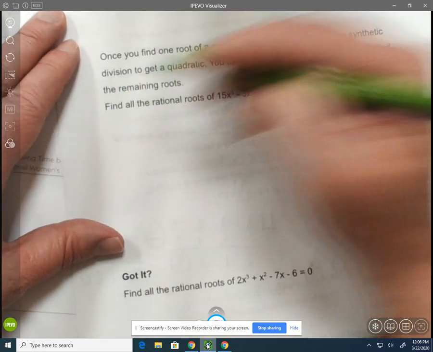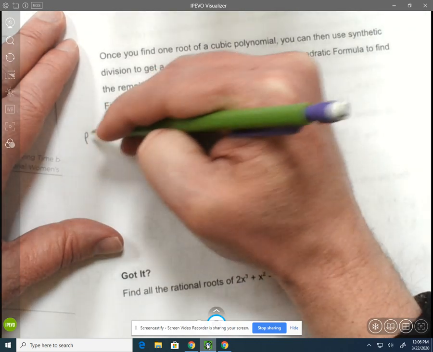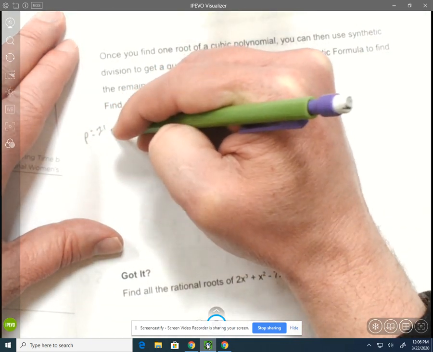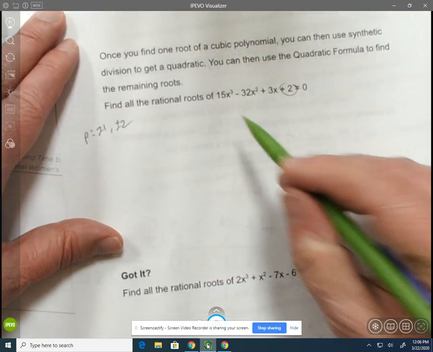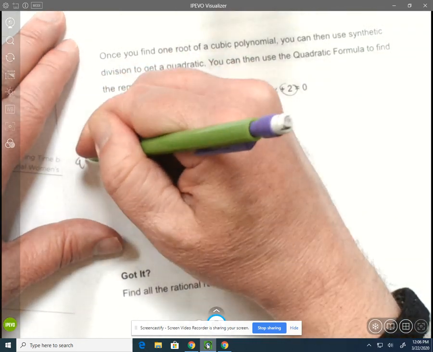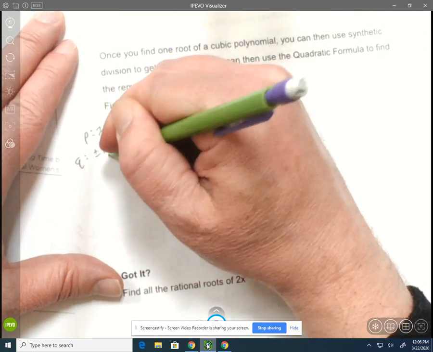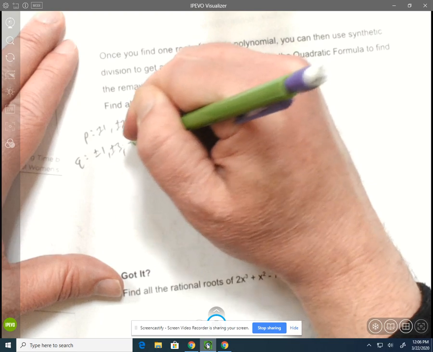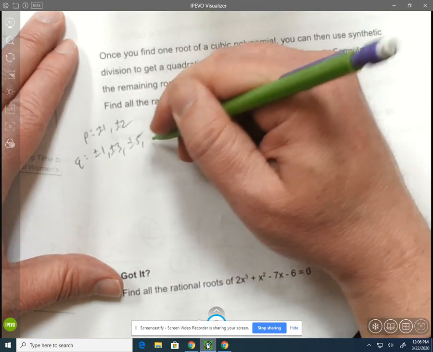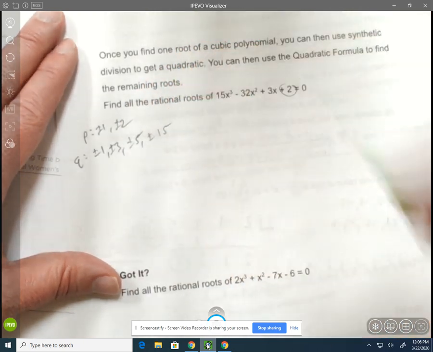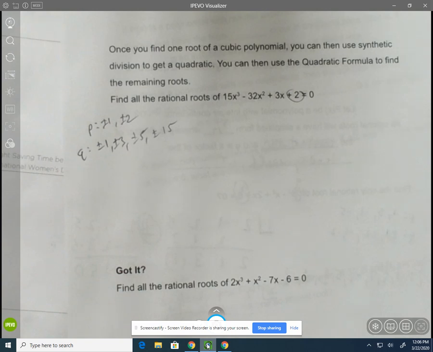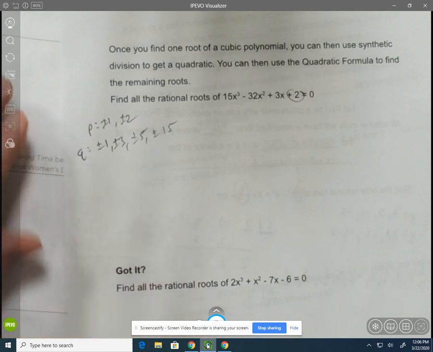Okay. So again, p are all the factors of 2. All right. So that's 1 and 2, the positive and negative of it. Q is all the factors of 15. So that could be 1, could be 3, could be 5, could be 15. Okay, so all the different factors there of 15.